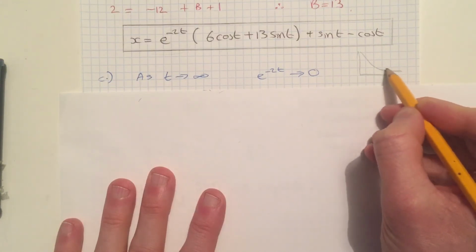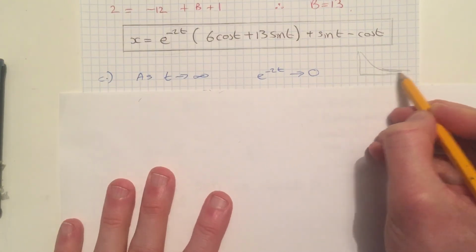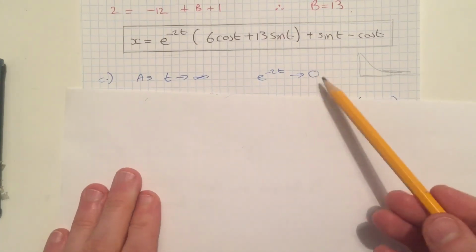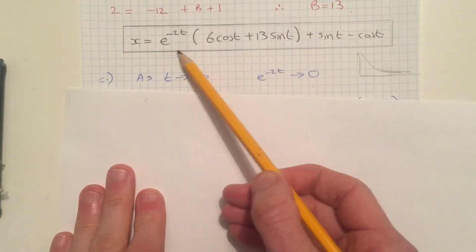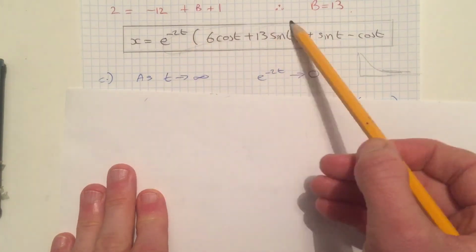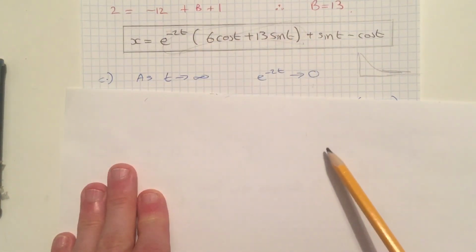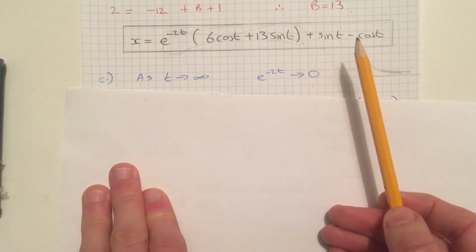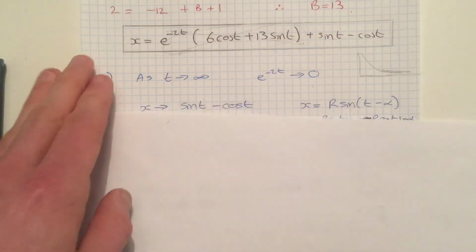And as t gets bigger and bigger, this gets smaller and smaller and will tend towards 0. Which means that all of this will tend towards 0, and my x function will just become sine t minus cos t.